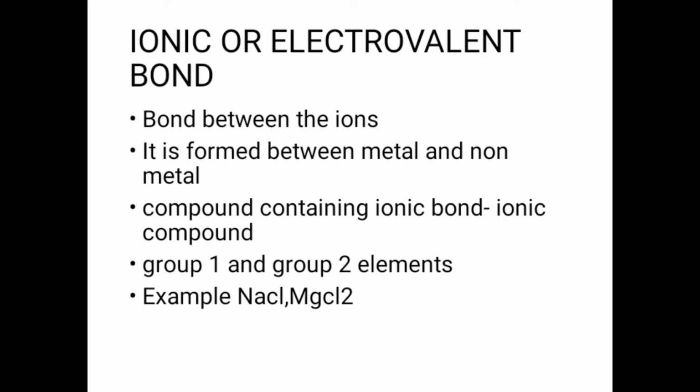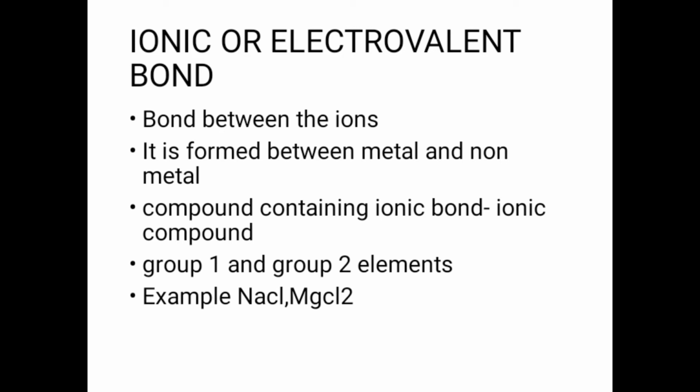Ionic bond is also a chemical bond formed by the electrostatic attraction. The attraction between whom? The attraction between positive and negative ions. The bond between the ions is called ionic bond.